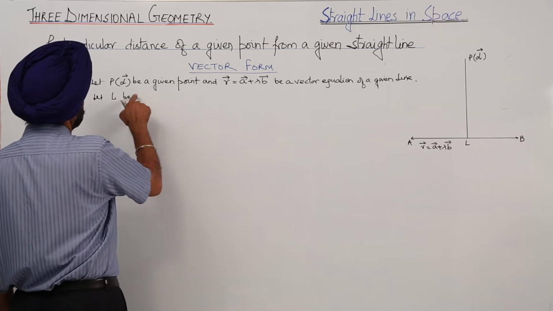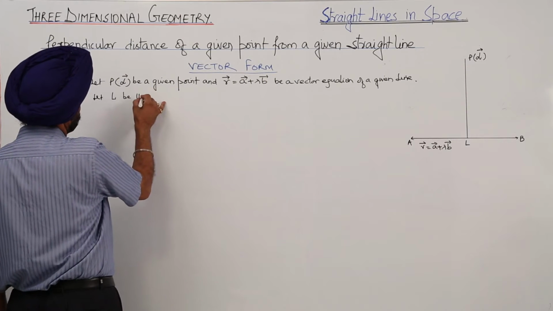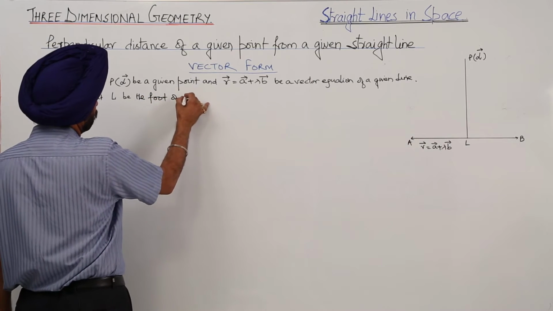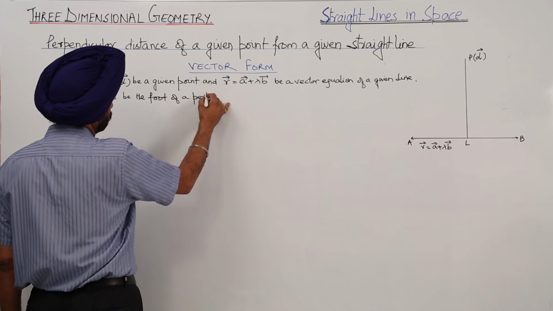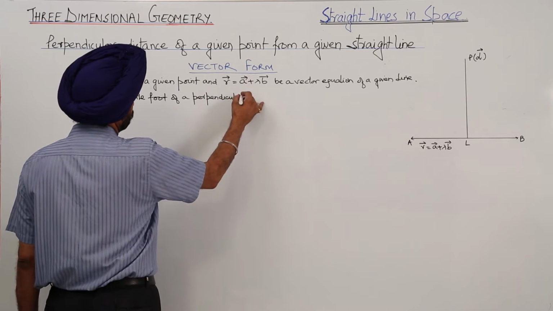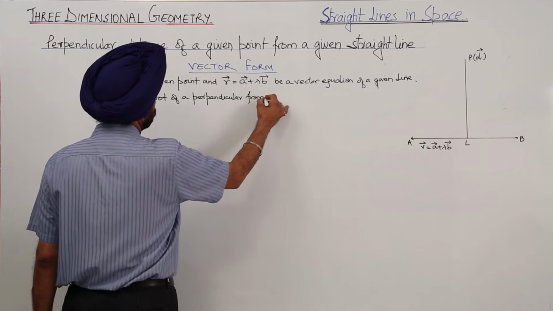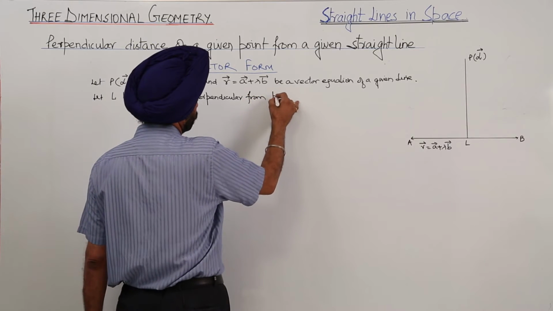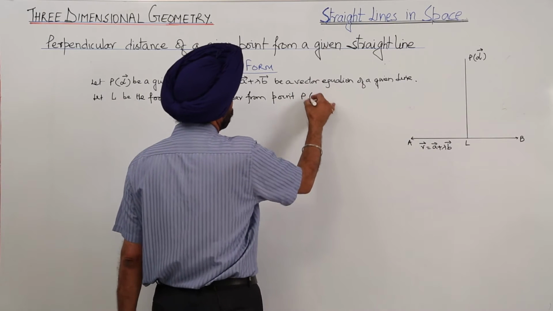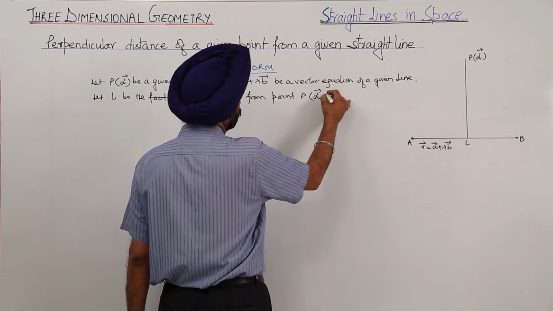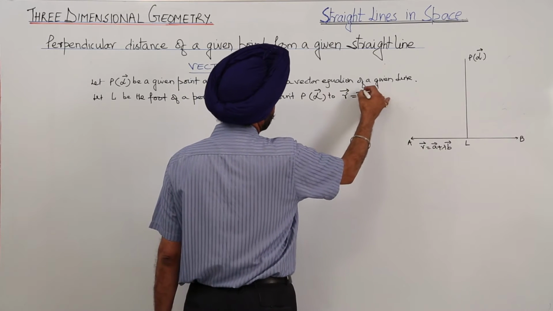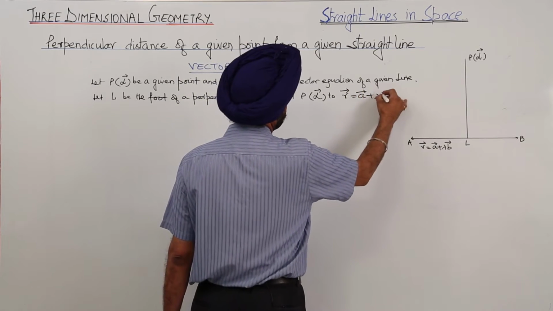Let L be the foot of the perpendicular from point P to line AB, that is, the line R equals A plus lambda B.